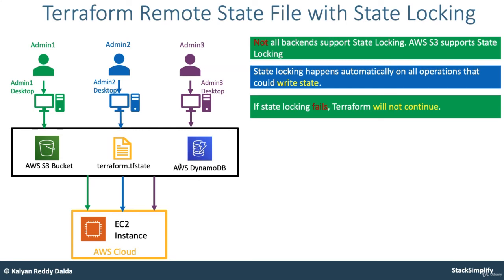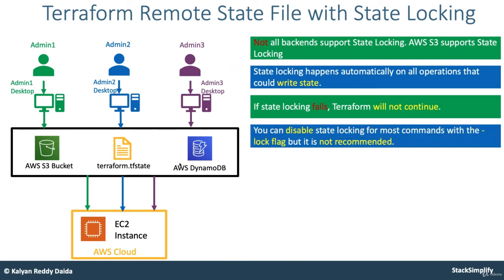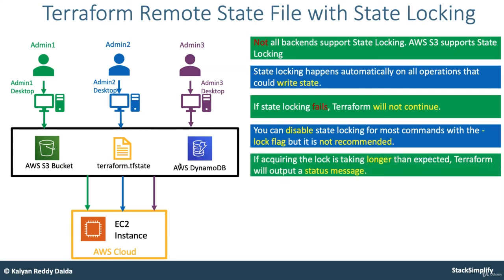Next, if state locking fails, Terraform will not continue. That is another important thing, and once you enable state locking, you get that benefit. You can disable state locking for most commands with the -lock flag, but it is not recommended. If acquiring the lock is taking longer than expected, Terraform will output a status message.